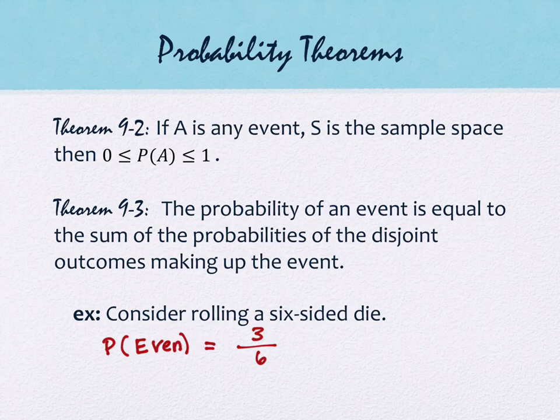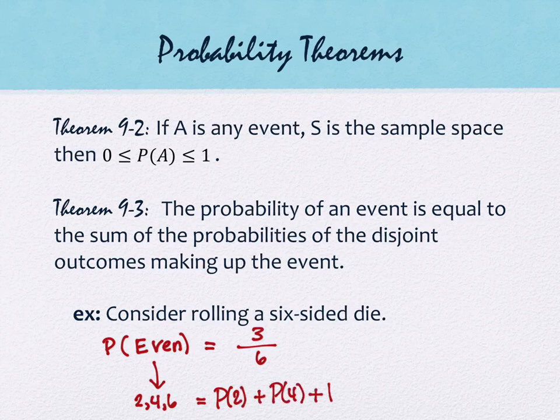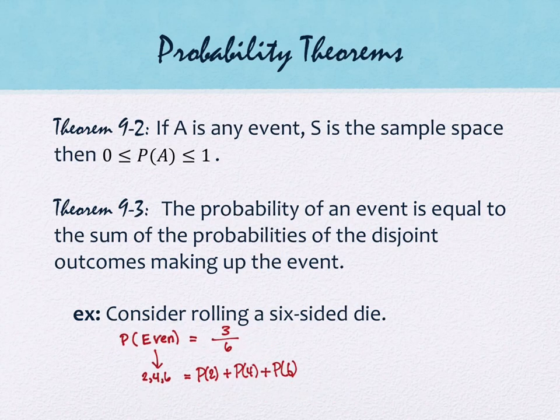And I know we can reduce that, but hold tight for just a second. But we could also say, okay, well, what are the even numbers? Well, they're 2, and 4, and 6, right? So I could say, the probability of a 2 plus the probability of 4 plus the probability of 6, and I could separate them out and consider them individually. If I consider them individually, well, how many 2s are there?